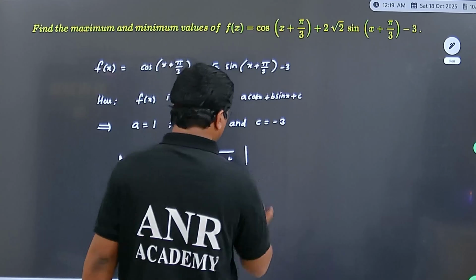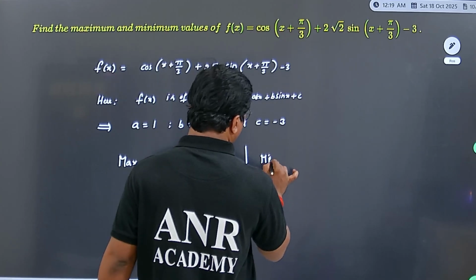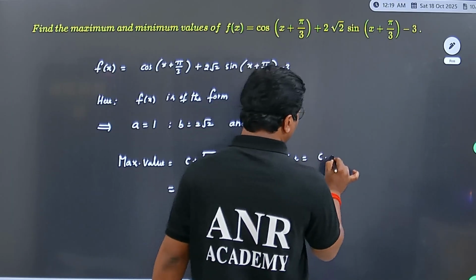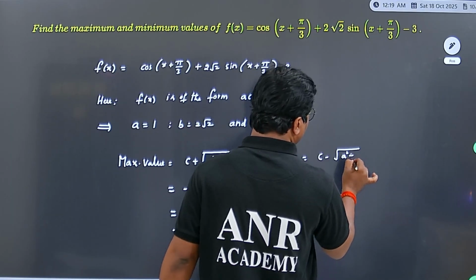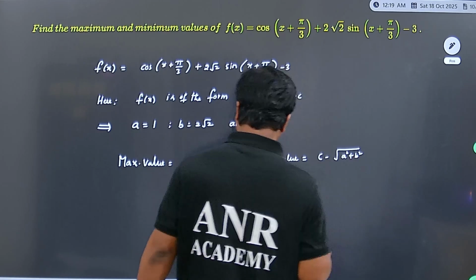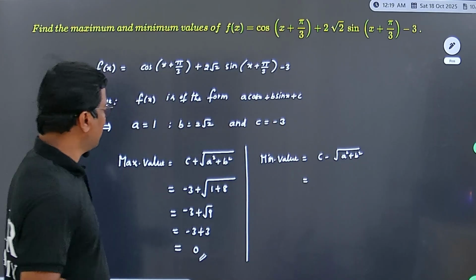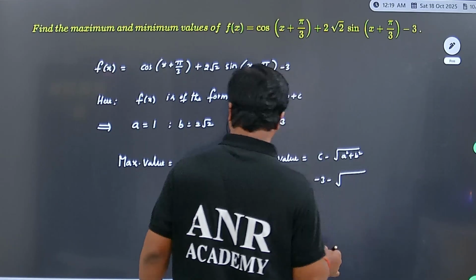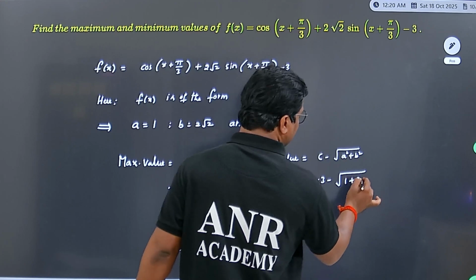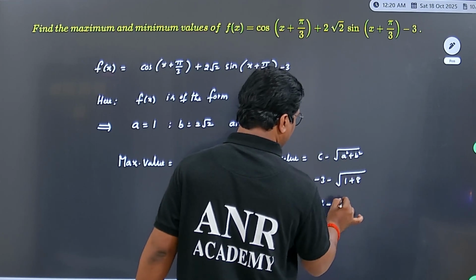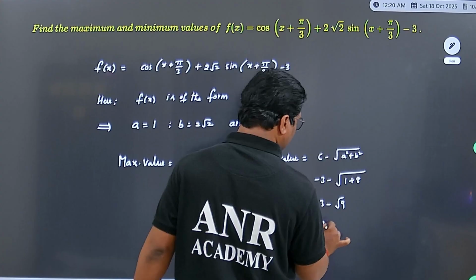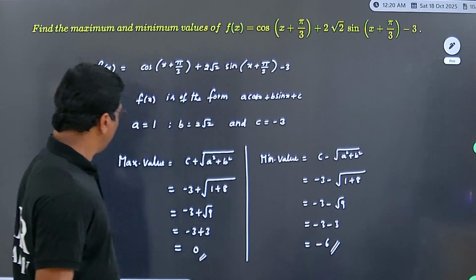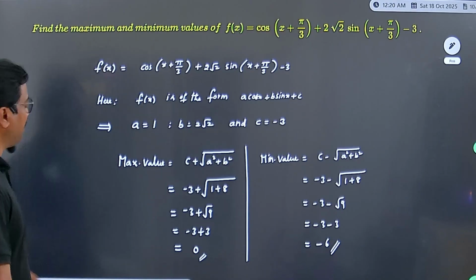Then we go for minimum value. Minimum value formula: c minus root over a square plus b square. Here the value of c is minus 3, minus root over a square plus b square, that is minus 3 minus root over 9, minus 3 minus 3 gives minus 6. Minus 6 is minima, 0 is the maxima.